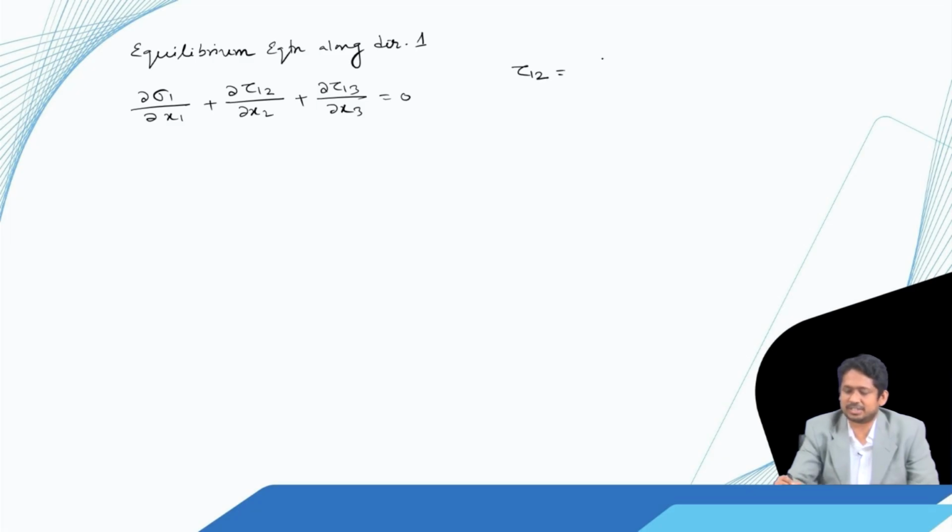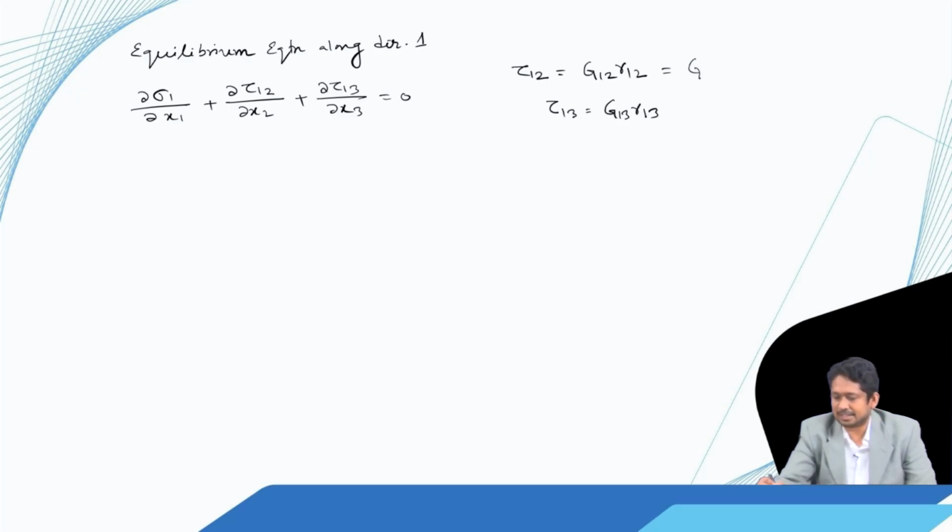So, tau 12 shear stress is G 12 multiplied by gamma 12 with G 12 being the shear modulus. Similarly, tau 13 is G 13 into gamma 13, and also we here assume that G 12 and G 13 are same.